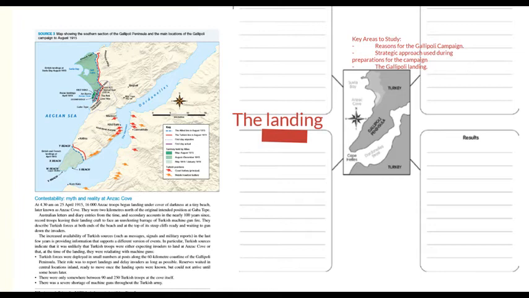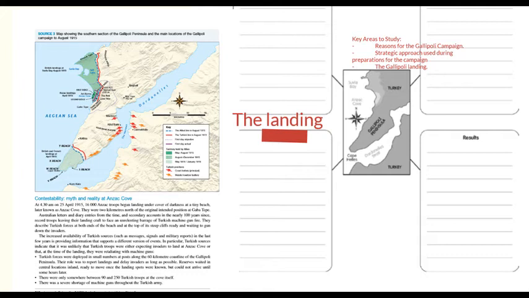Just reading the key, you can see their first day objective. What they tried to do on the first day was to get up around here and overwhelm the Turkish forces. So not only did they try to stop any Turkish forces coming from further north, they also wanted to catch any escaping Turkish forces.